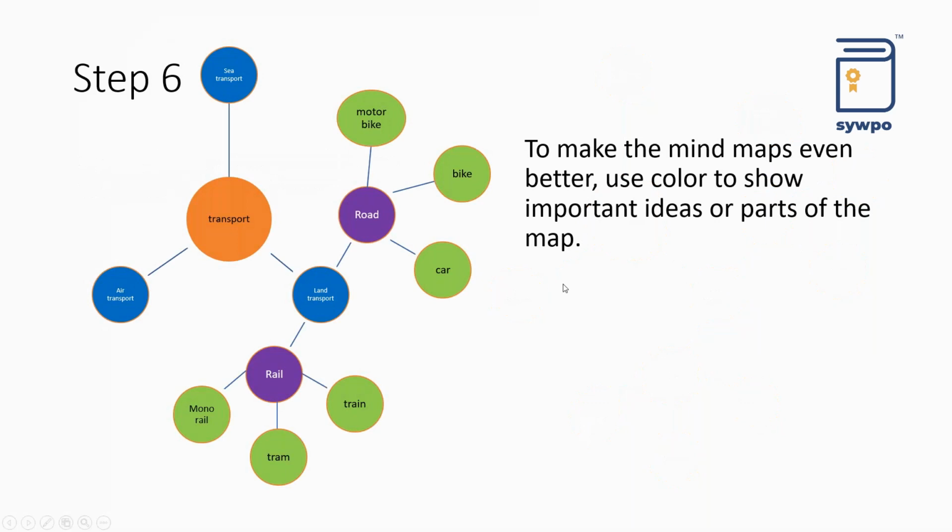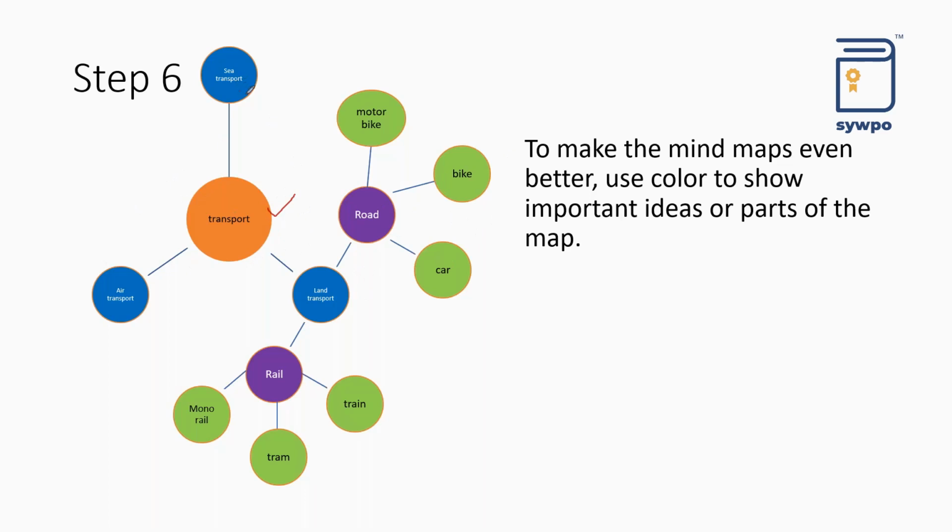The best thing to do is step number 6. It's better that you do color coding. If you do color coding, then you know what is what immediately. You don't have to read them, and you don't have to look even into the lines that you have drawn. For example, look, this is the main topic, so it's a bigger circle compared to them.